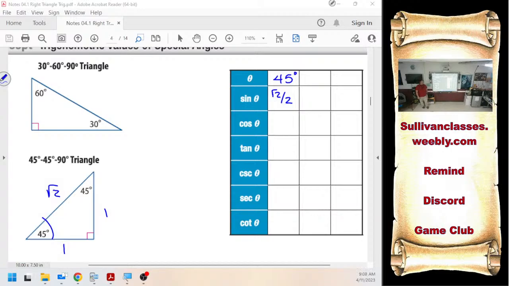Adjacent over hypotenuse. Also square root of 2 over 2. Because this is an isosceles right triangle. Tangent. Opposite over adjacent. 1 over 1. Just uno.